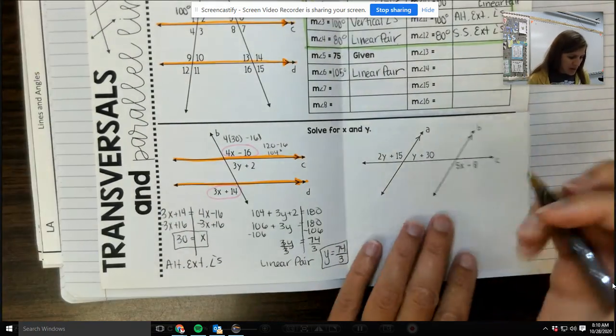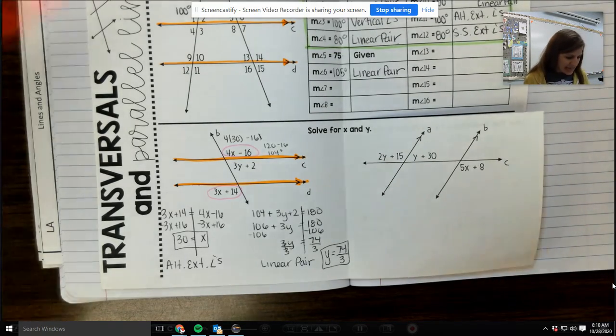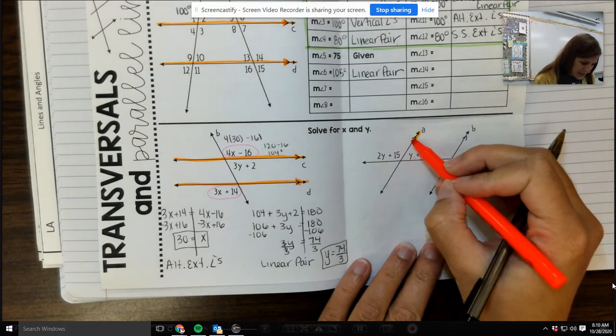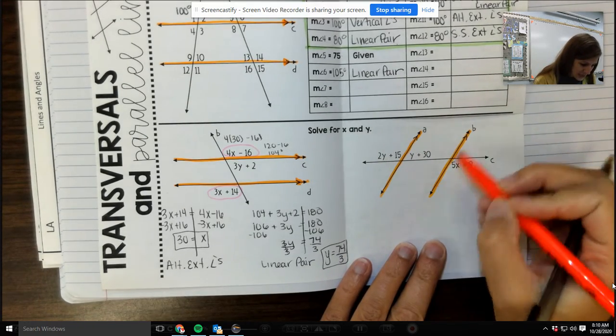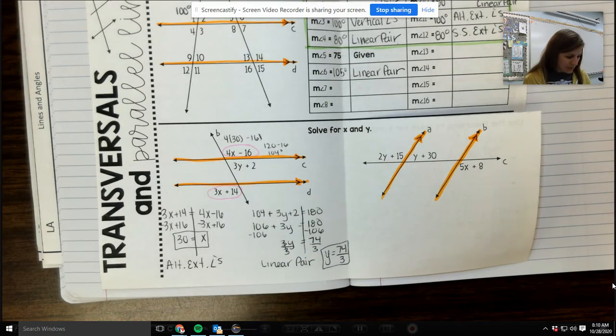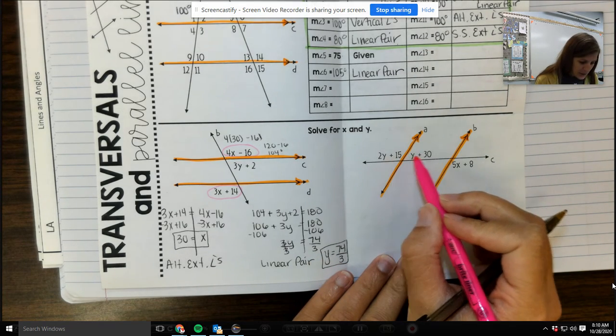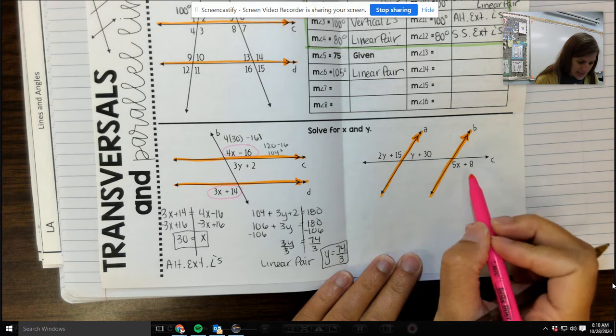Okay. Last but not least right here. So I can see that lines A and B are parallel because they put those little extra arrows on there, being cut by transversal C. And so I noticed this time that my equations here and here have y's and that one has an x.